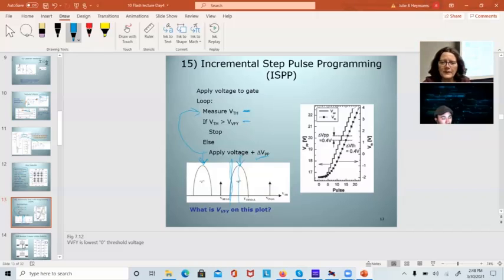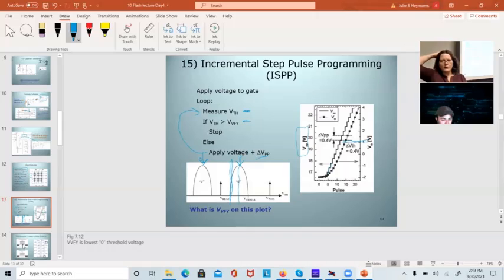Okay, so here is the graph of what this looks like. Now this axis over here is the voltage that I'm putting on the gate, across the gate to the substrate. I start out at low voltages, and as I slowly step up the voltage, what I'm getting on the output is my threshold voltage shift. If I'm looking for a threshold voltage of 1 volt, this would be when I stopped.